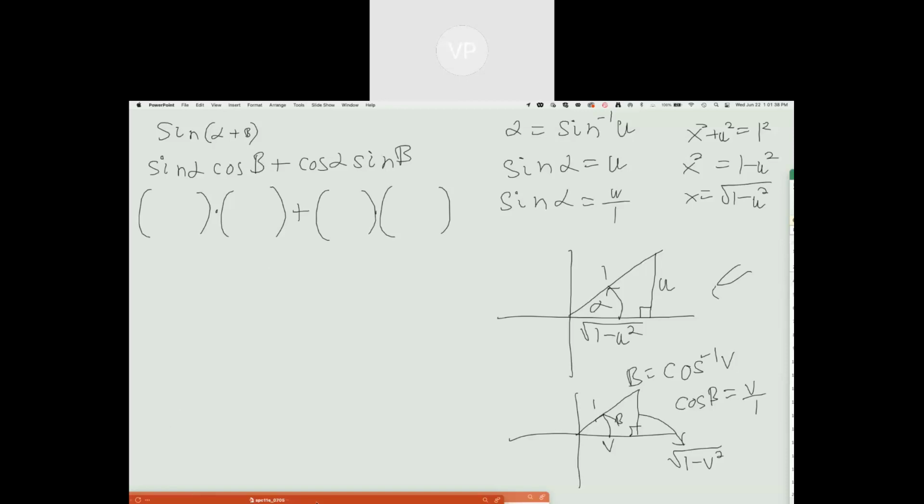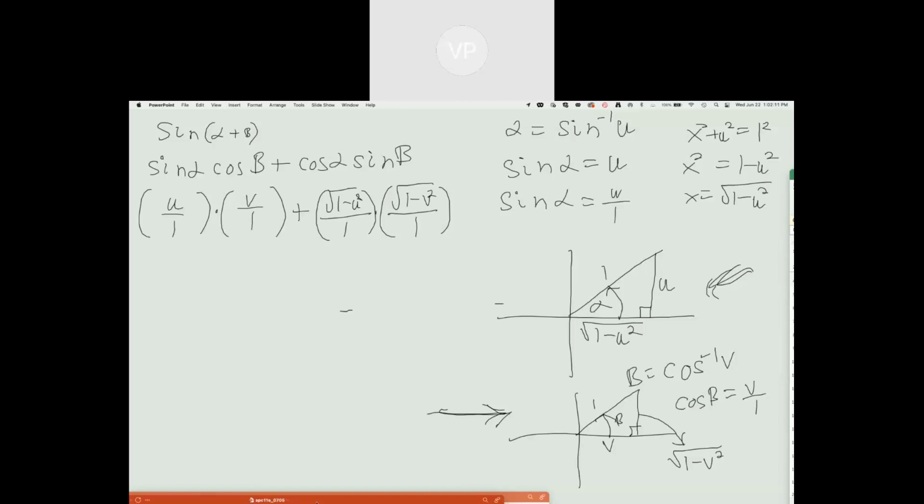The sine of it is u over 1, or just plain u. Cosine of beta, we go to the beta triangle, and cosine of beta is v over 1. Okay, so far it's pretty easy. Now it gets not as fun. The cosine of alpha, back to here, is the square root of 1 minus u squared over 1. The sine of beta is the square root of 1 minus v squared all over 1.